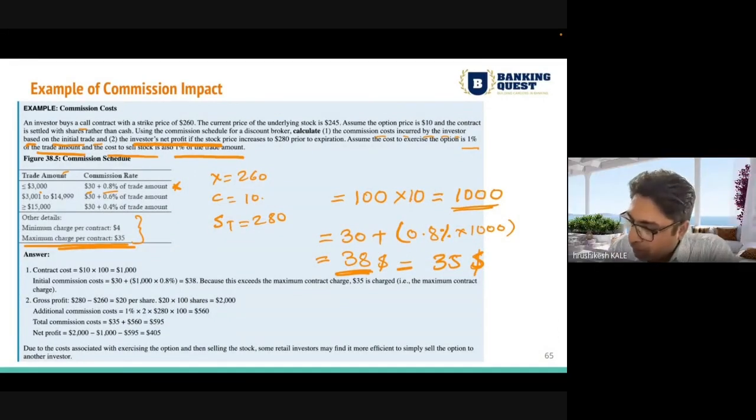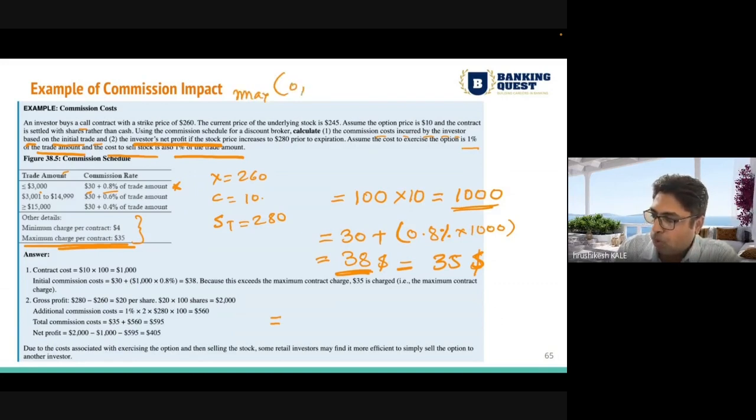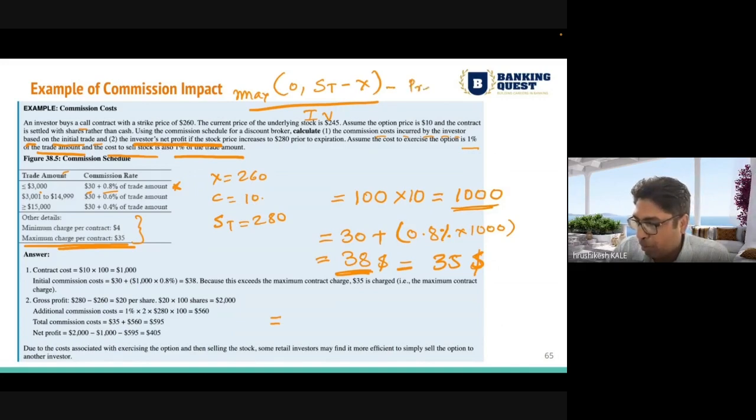Let's calculate the net profit. How do we calculate net profit? Okay. So look. Intrinsic value is nothing but max of 0, comma, ST minus X. This is intrinsic value. Now, but we pay premium, so we will subtract. We also pay commission, so we subtract commission from it.